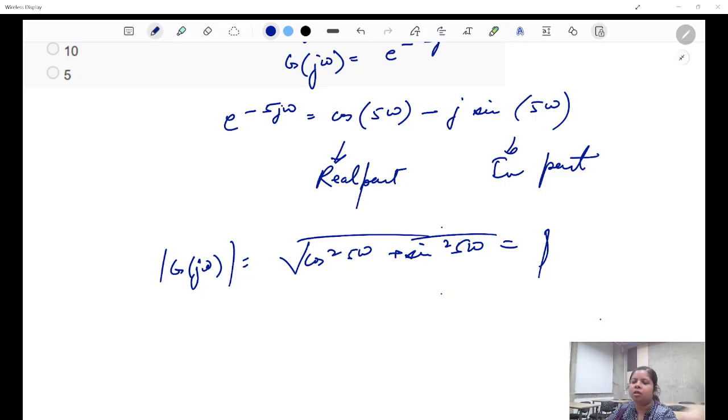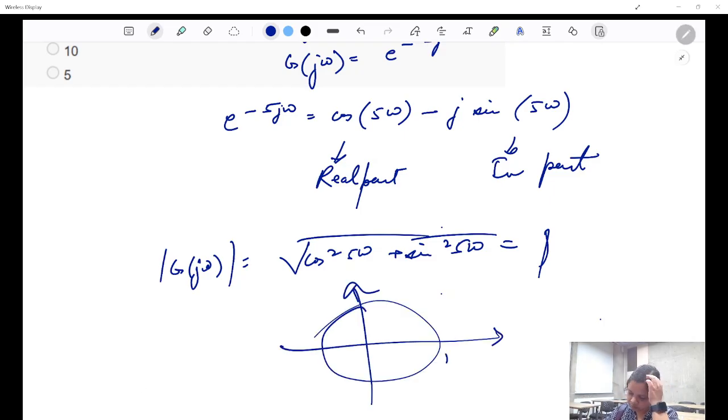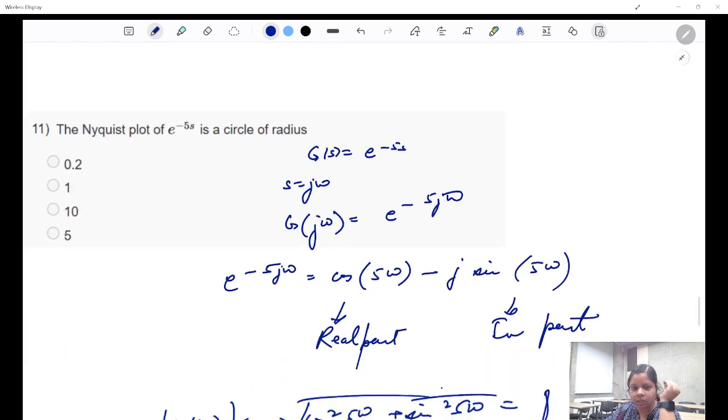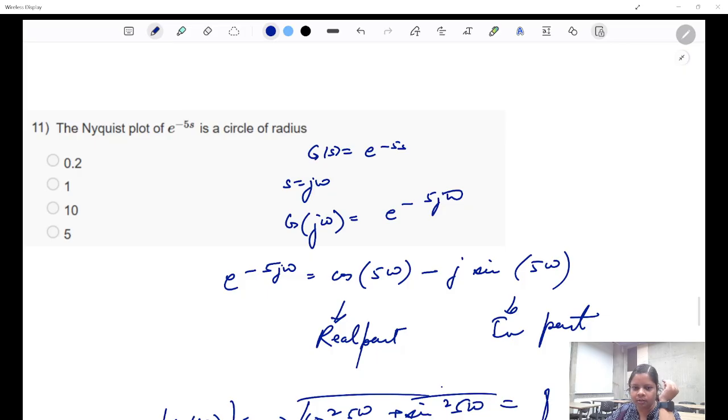It is the equation of a circle with the real part as cos 5 omega and the imaginary part as sine 5 omega, and both of them always move in such a way that the magnitude is a constant. It's a unit vector, right? So it lies on a unit circle. So it's a circle of radius 1.